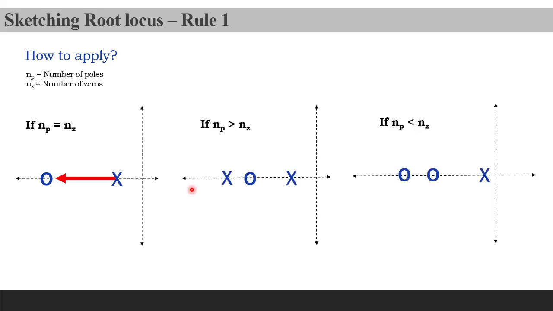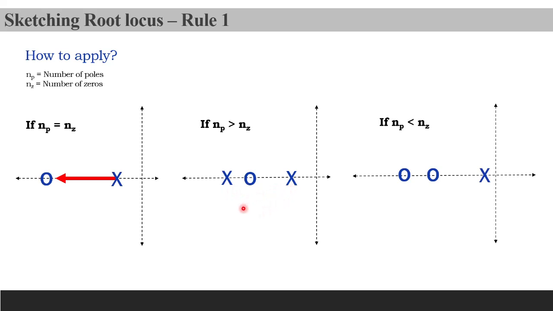And what if I have two zeros and one pole? In that situation, what could be the case? We have to assume that for every pole, we have a zero. Of course, we can't see a zero here for at least one of the poles.